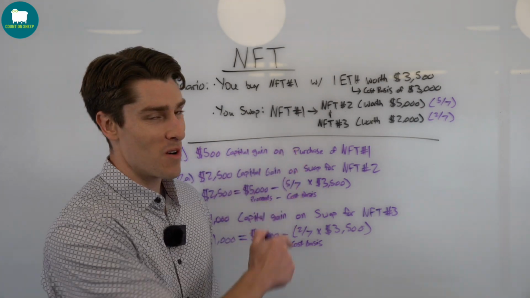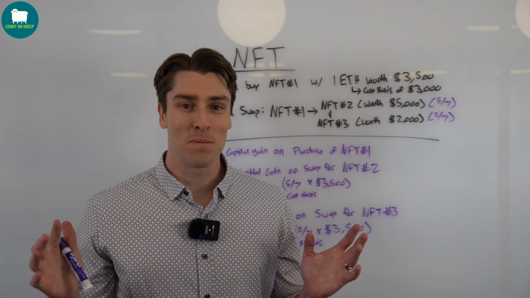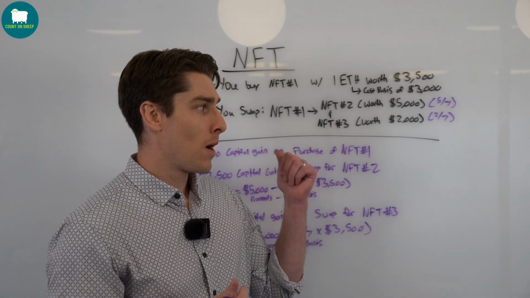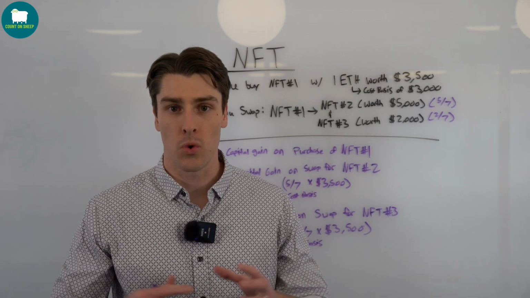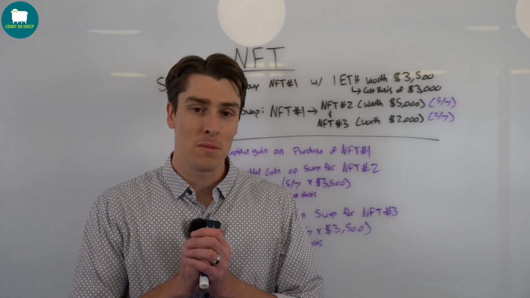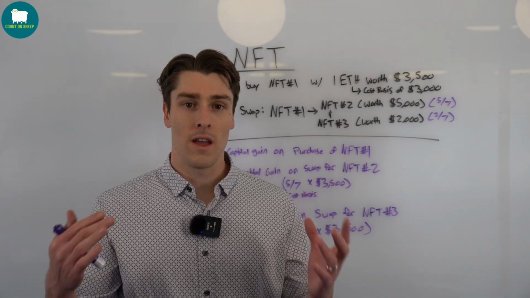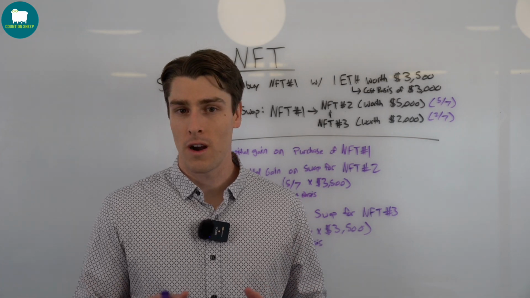Now, the last thing I want to mention here is that sometimes people, and we see this quite frequently actually, are not swapping one NFT for two, but rather 20 different NFTs. So this becomes a complete nightmare. We've had an instance where there was an NFT trader who had an $18 million NFT account.